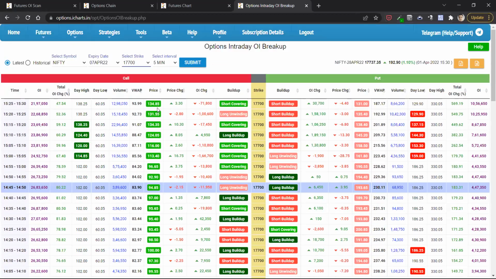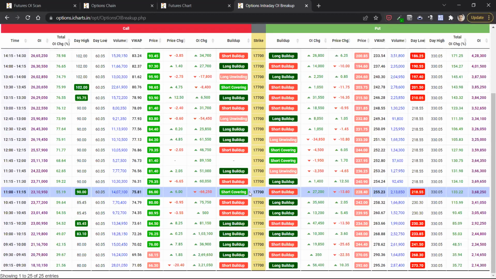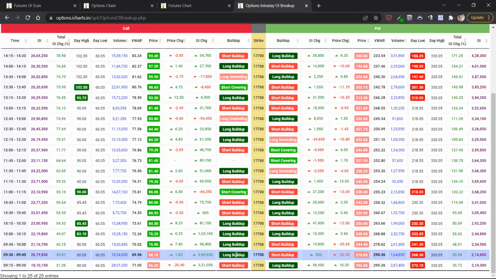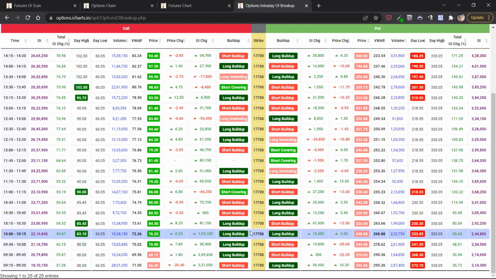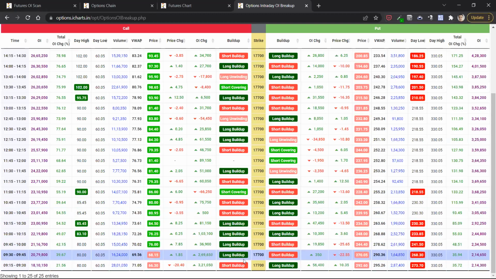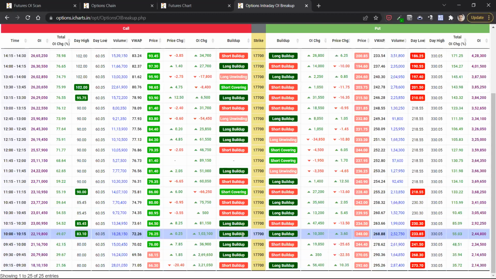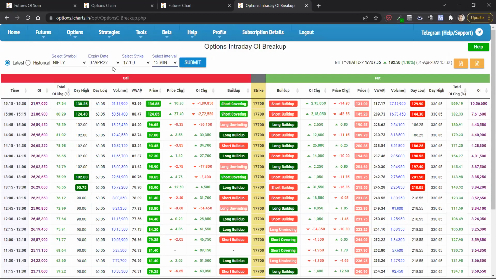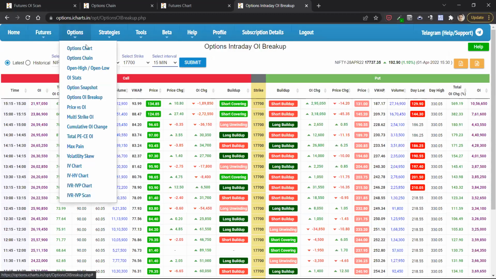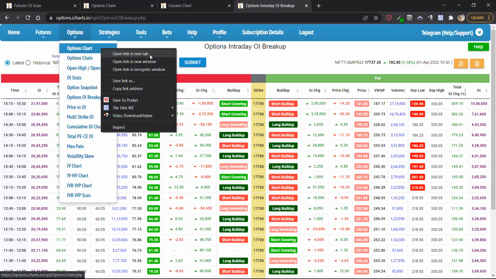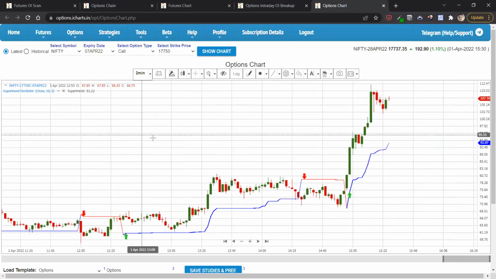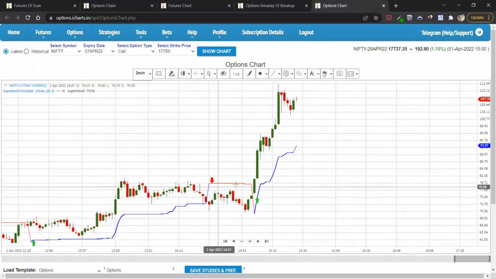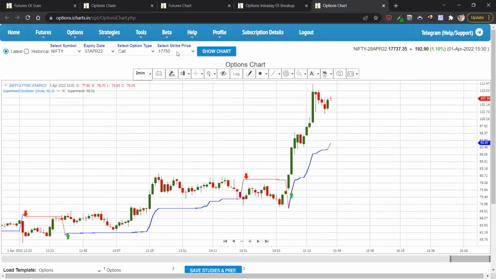Switch this to 15 minutes, because I suggest 15 minutes. It is very important, because otherwise the trend signals would not be that great, and you would not have the reliability to ride the trend a little bit. So use 15 minutes here, and then I suggest you have a chart with it. I use a 2-minute chart with the super trend. I suggest this.